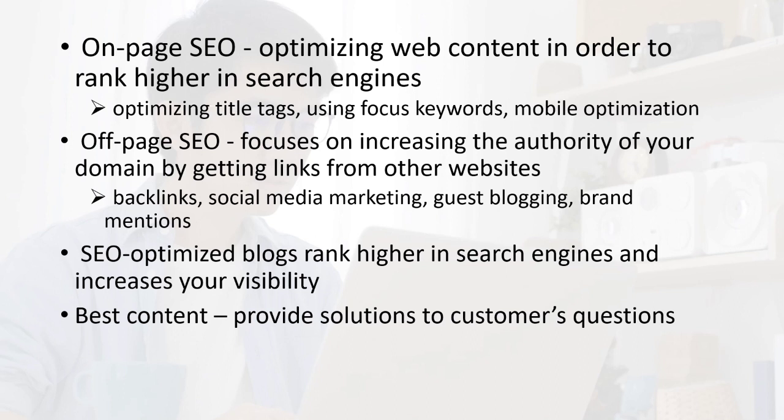When your blogs are SEO optimized, you'll rank higher in search engines, increasing your visibility to potential customers. The best content for search engines is information that provides solutions to questions asked by customers. When your content is built in a way that you answer specific questions in mind, the more likely that potential customer will read your blog.